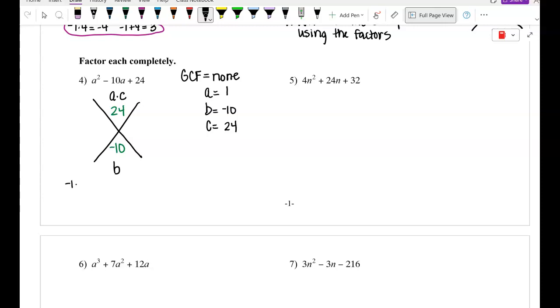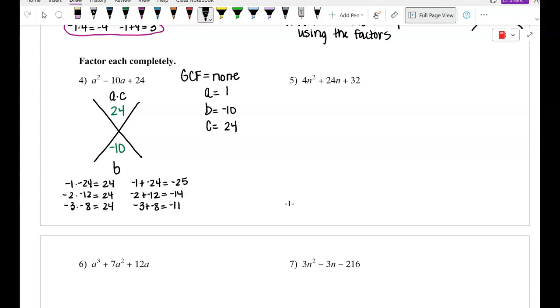So if we do -1 times -24, we get positive 24. -1 plus -24 is -25. -2 times -12 is positive 24. -2 plus -12 is -14. -3 times -8 is positive 24. -3 plus -8 is -11.